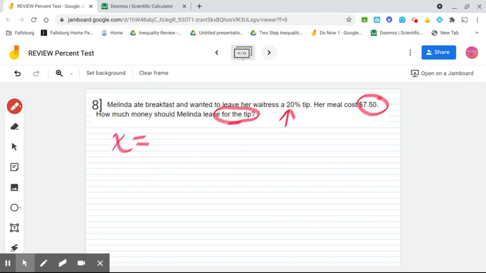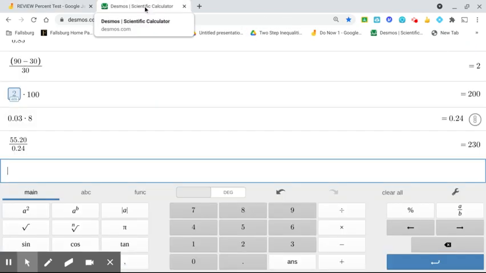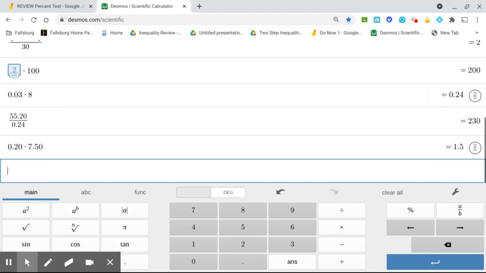So remember, we always want to change our percent to a decimal. You move the decimal 2 places to the left, and we get 0.20. And we multiply that by 7.50. So 0.20 times 7.50 gives me 1.5.